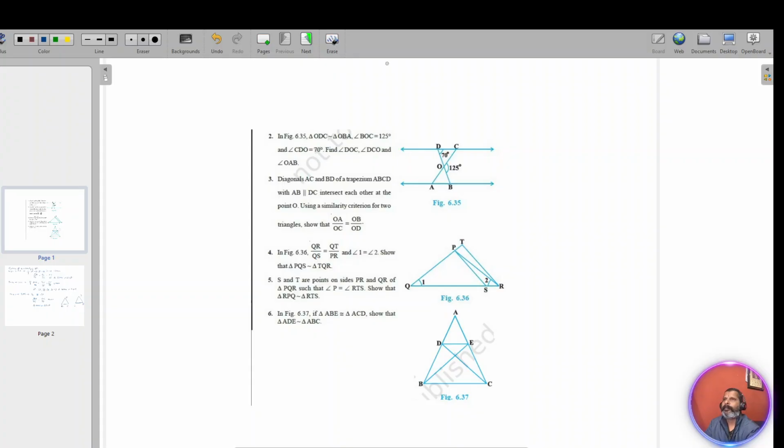Fourth one. In figure 6.6, they have given the figure. I'm not drawing it. You have to draw while solving the problem. QR by QS is equal to QT by PR they have given. Actually, they should give QT by QP, then those two triangles become similar.